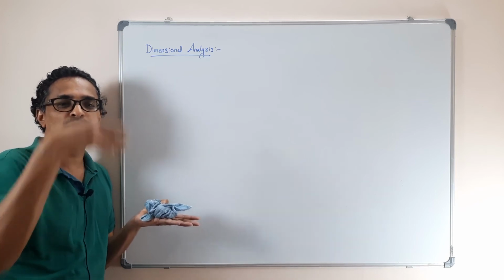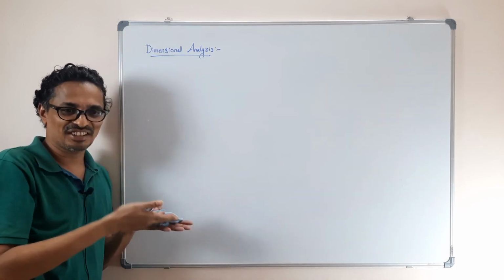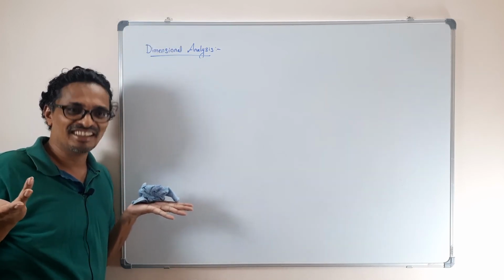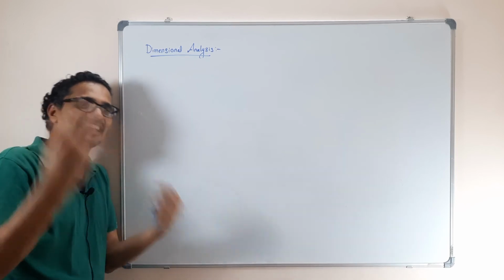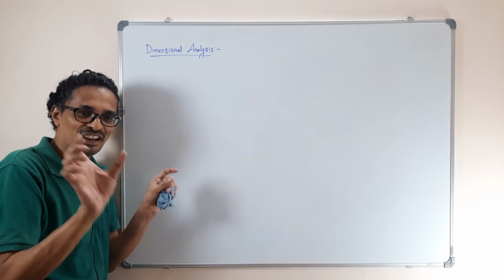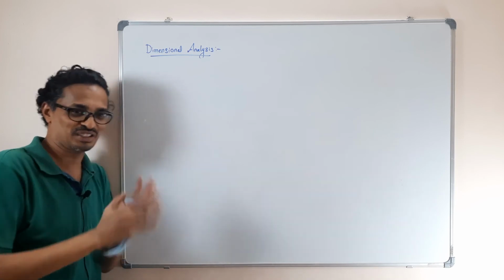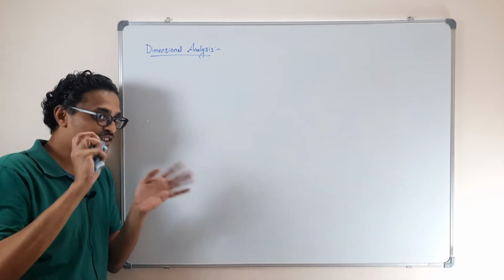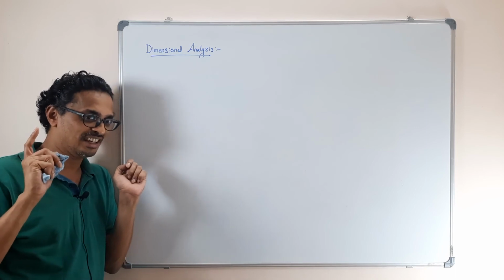The opposite side by the hypotenuse, both lengths, so it doesn't have a dimension at all. Any trigonometric ratios, tan theta, sine theta, whatever: if your actual equation contains any of these, you will miss them. You will not be able to get those trigonometric functions from dimension analysis.